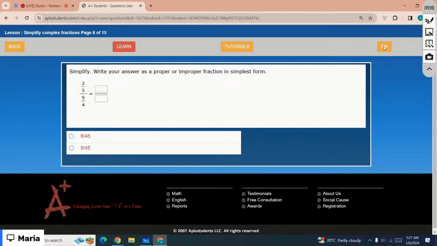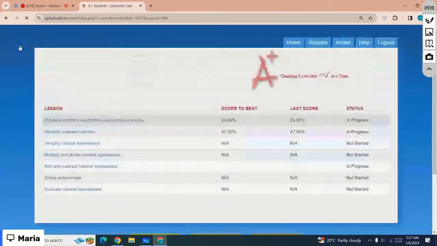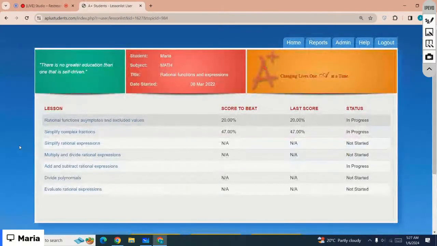The second one is the correct option. Okay, you can complete the lesson by yourself later today. Let me move on to the next lesson, and the next lesson is simplify rational expressions.